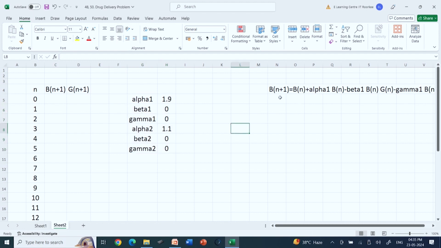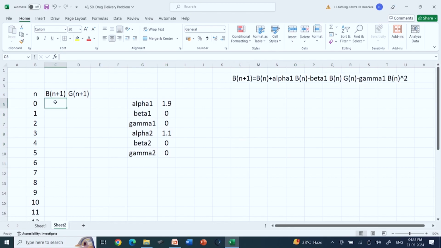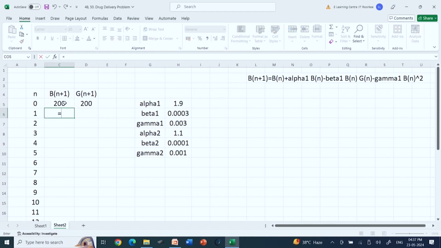Okay. So, I set the initial values of both the species to be the same, 200, and then calculate this.